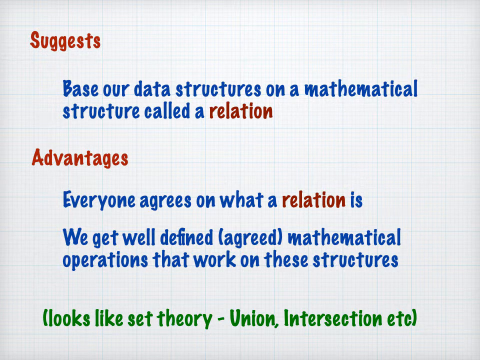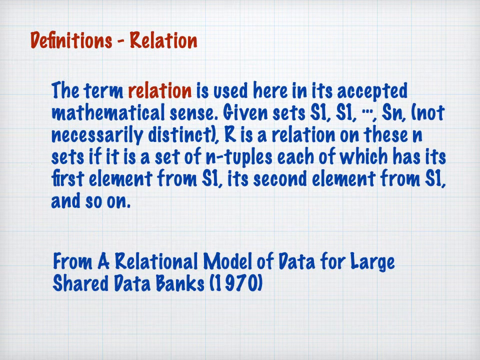Now in this context, we can regard the relational structures in mathematics to be like set theory. You've done set theory, and often later on we'll talk a bit about union, intersection, those kinds of things. Here's the definition of a relation, and you can see that seems quite complex.